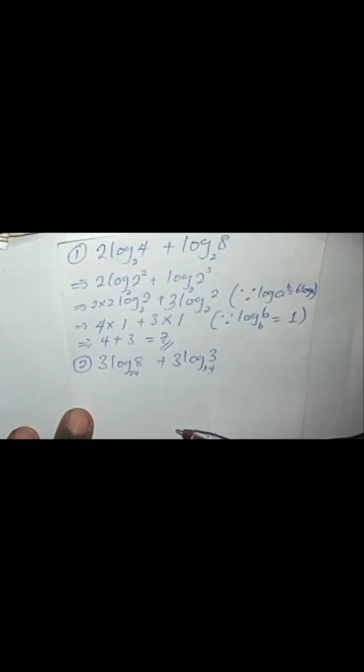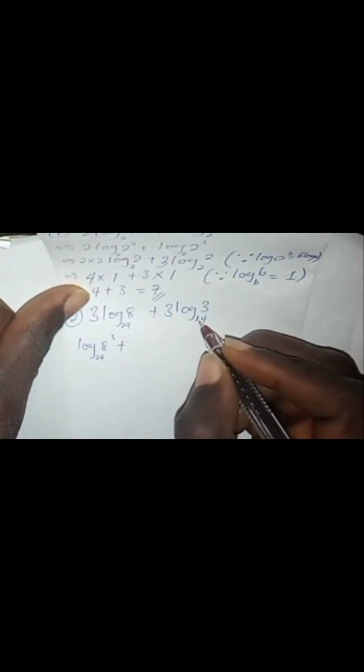So this is the second question, which says 3 log 8 base 24 plus 3 log 3 base 24. Here I'm going to solve this one in a different method from the first, though the first can also be solved with the method I'm going to use right now. From here I can carry the 3 into the log, that is to say log 8 raised to the power 3 base 24 plus, this 3 will be carried also, log 3 raised to the power 3 base 24.